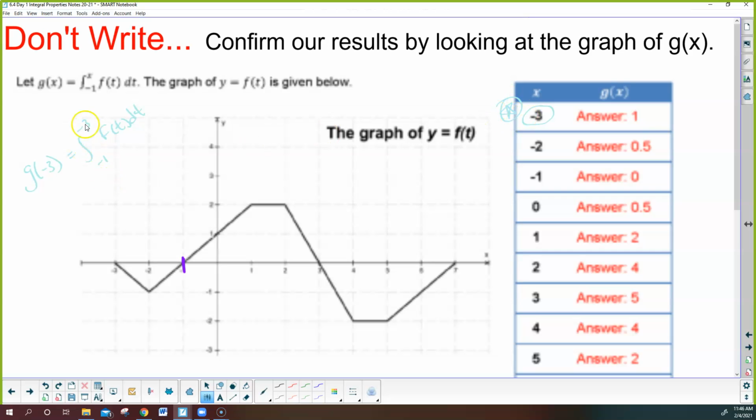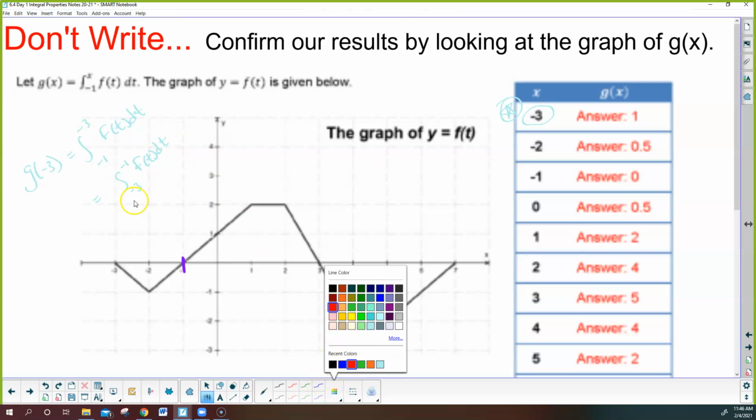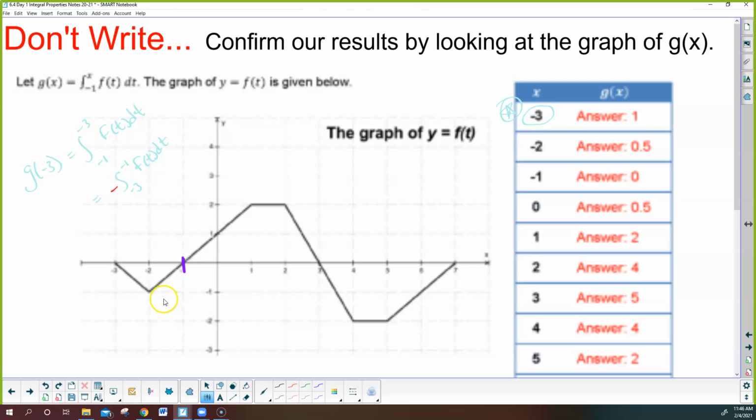And then notice the bounds are flipped. So I could apply that -1 is greater than -3. What I'd want to do is flip those and then make whatever that answer is the opposite sign.